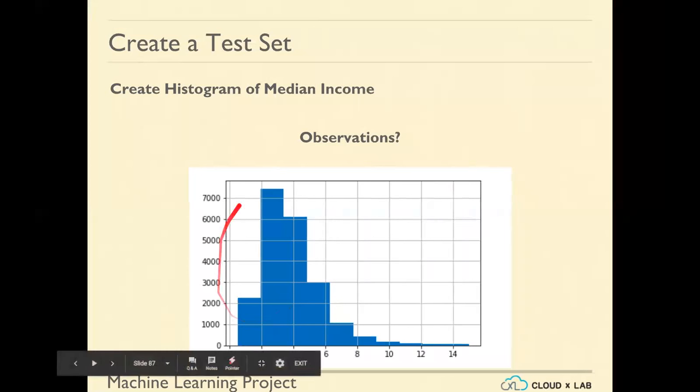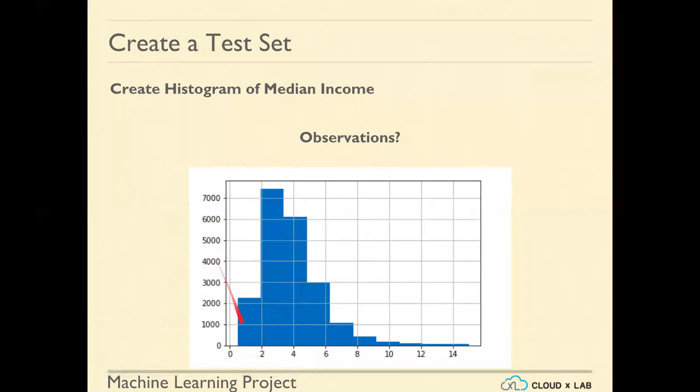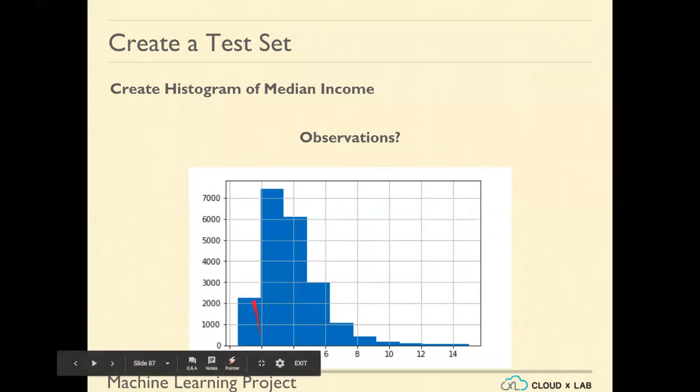So we have this nice histogram. What do you observe? Do you see something with this? The y-axis values are the total number of blocks, and these are the bins, the median income. For this median income, there are these many blocks where the median income is this much.